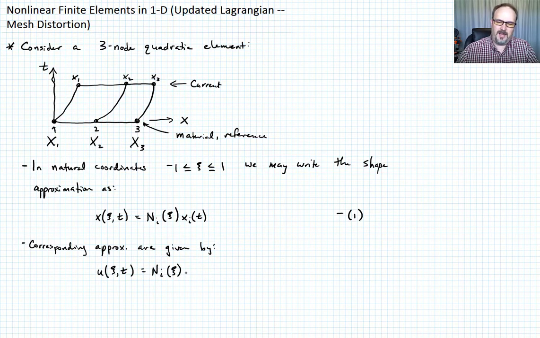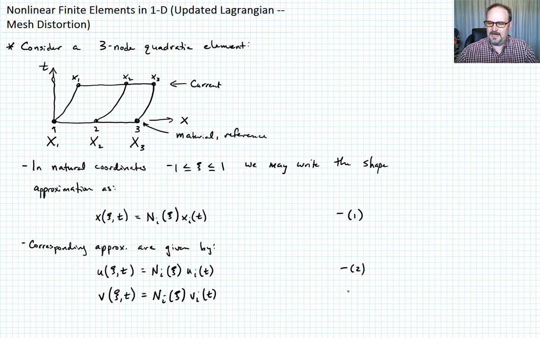This is clearly an isoparametric element. So our interpolation functions times our nodal displacement vectors. Let's call that equation 2. And we could write our velocity vector in the same way, where vi now is our nodal velocity. We'll call that equation 3.